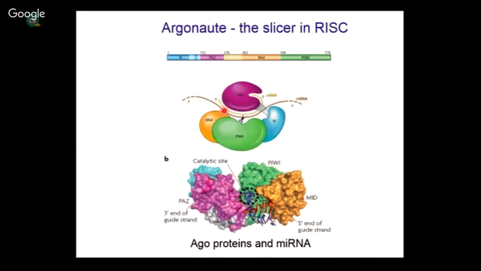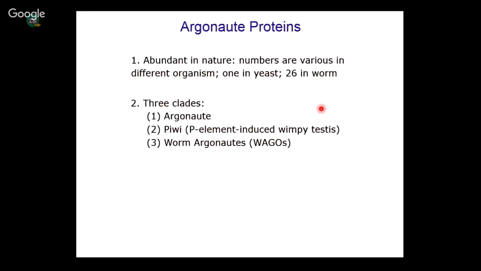Which means that it has to be a perfect match from the 5' end to the cleavage site. And this indeed is the seed region. We will talk about it later for the microRNA and siRNA recognition, because only a perfect match at this region is sufficient to provide the specificity of target recognition by the RISC.